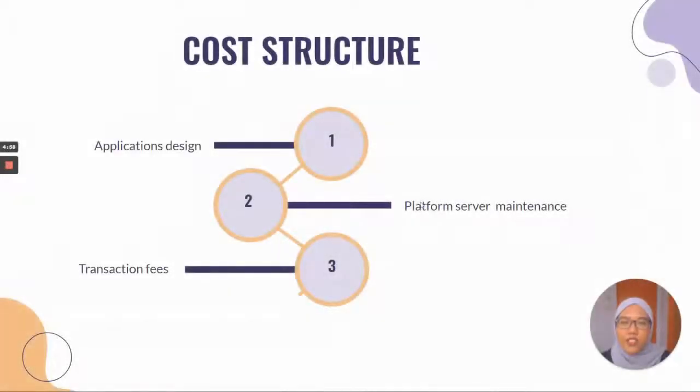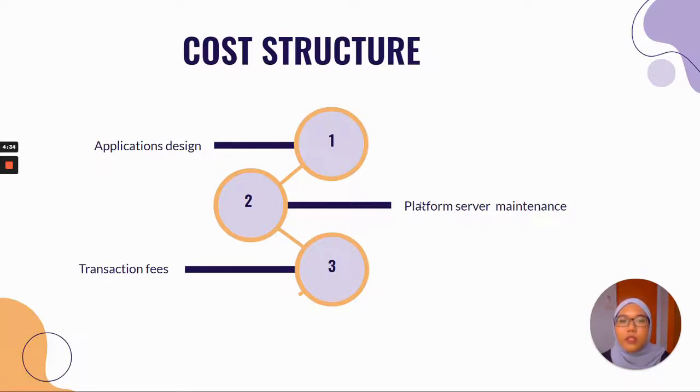Now we move to the cost structure. Cost structure tells us about where and what we spend our money for. At the beginning of our business, we will spend money for the purpose of application design. The application design comprises several aspects, including the user interface design, the UI, the usability, UX, the content production, and also the graphic design.